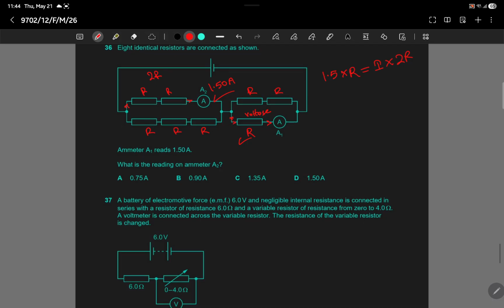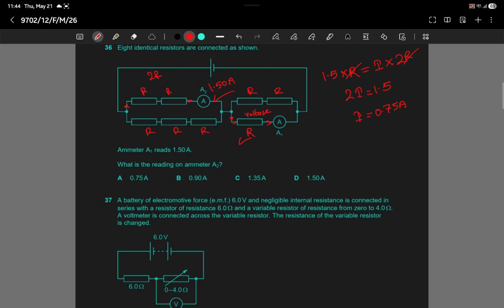If we cancel these R's, we get 2I equals 1.5. So I is 0.75 amps. This is the I that's in the right branch.